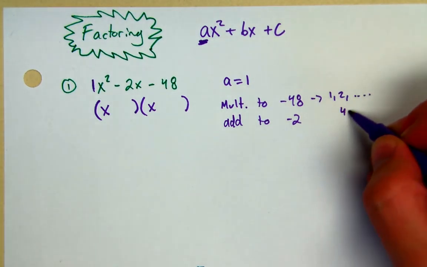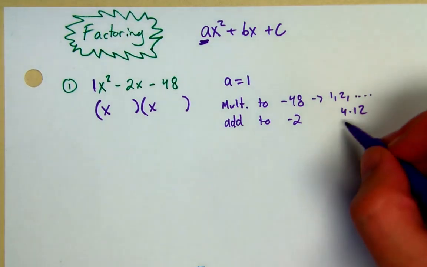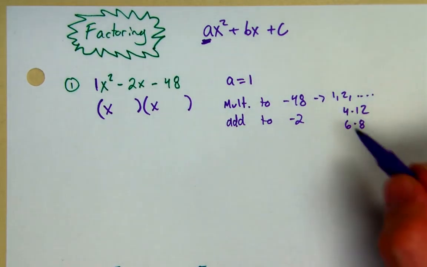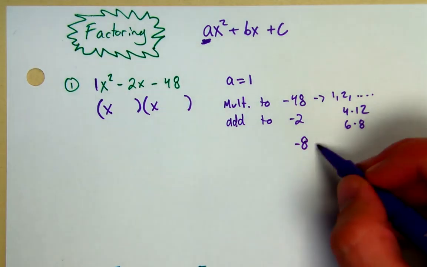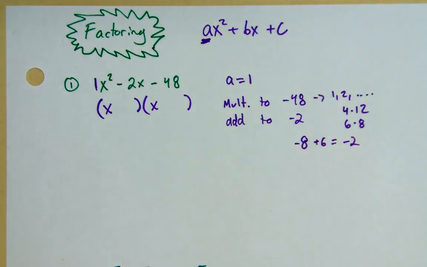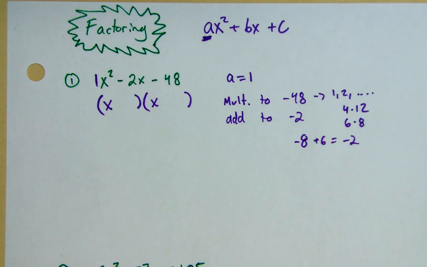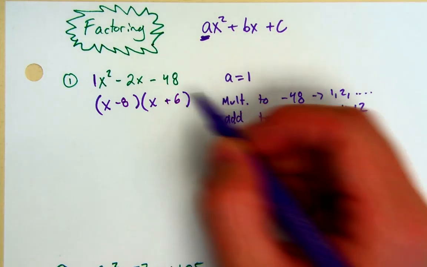So 4 times 12, if I add or subtract those, I don't get negative 2. Maybe 6 times 8. Well, they have a difference of 2, but I need negative 2. So maybe I need to have negative 8 and positive 6. Negative 8 plus 6 equals negative 2. So again, this is some of the guesswork you can do off to the side. So I need negative 8, and I need positive 6.